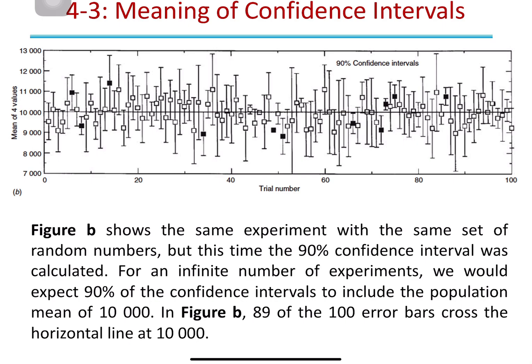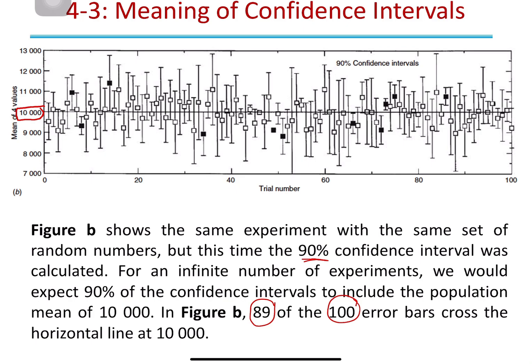If we do the same, but we calculate the 90% interval, now we're talking about a 90% confidence interval. So the error bar here reflects the 90% confidence interval. And we run the same experiment 100 times. And we know that the true mean is 10,000. You will see that 89 of the 100 error bars will actually cross the horizontal line of the true mean.